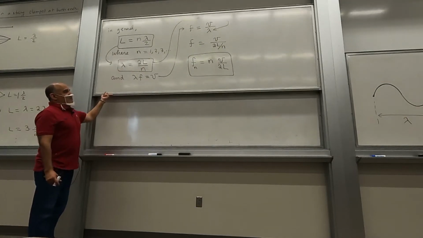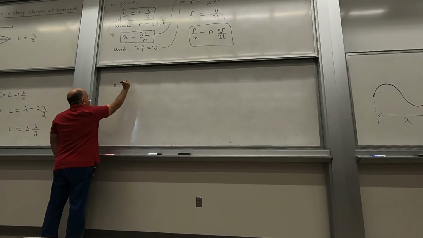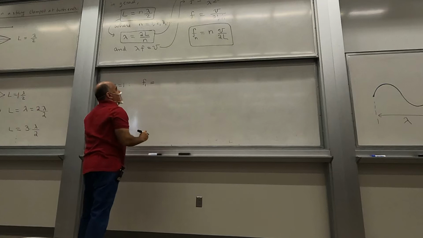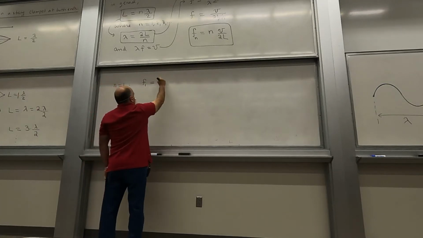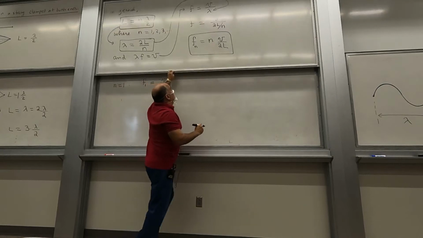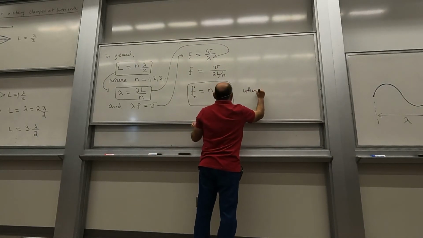So let's plug in some numbers. If n equals 1, then the frequency will be f of 1, and that will be 1 times v over 2L. By the way, this v is the speed of the waves in the string.